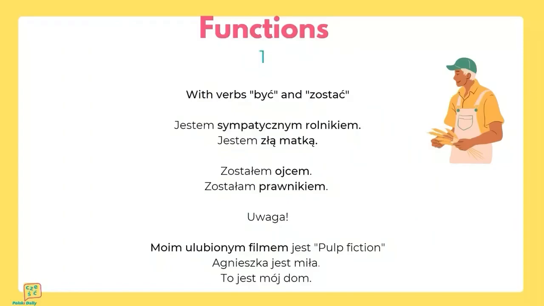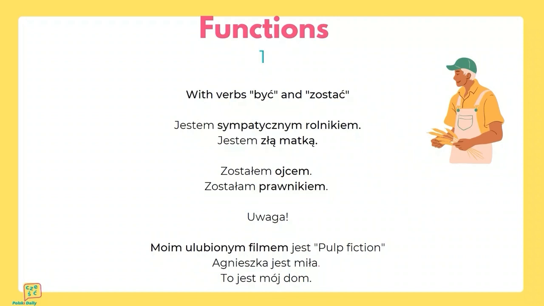We will start with the uses, the functions of instrumental case. The first rule is use instrumental with verbs like być, to be, and zostać, to become. The object of the sentence will be in instrumental then. Like in these examples.